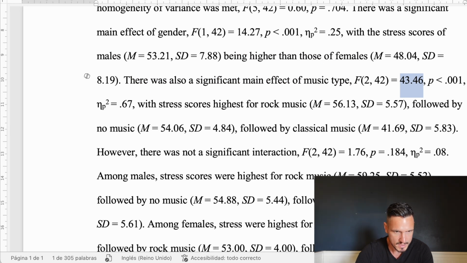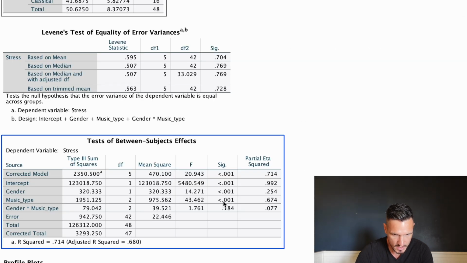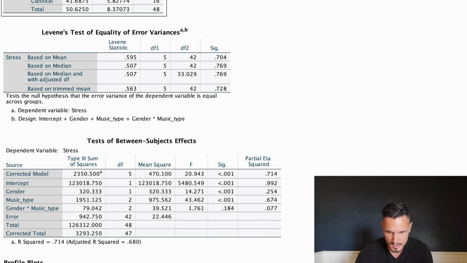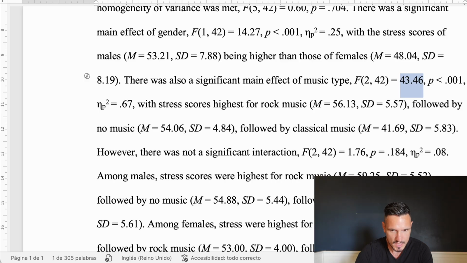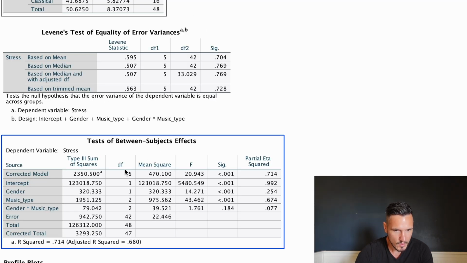We have a p-value of less than 0.001, and that's what we've got here. We have a partial eta squared value of 0.67, so that's our effect size statistic, and that's what we've reported here. And again, we have these degrees of freedom values of 2 and 42, so those are coming from this DF column and from the music type row where we have a 2, and from the error row where we have a 42.